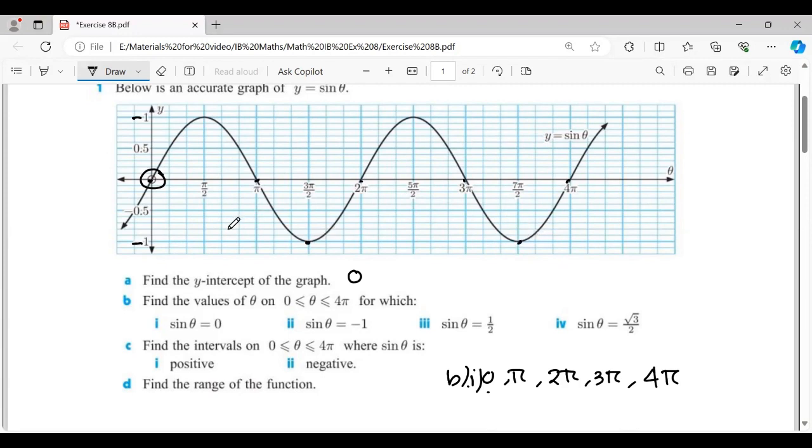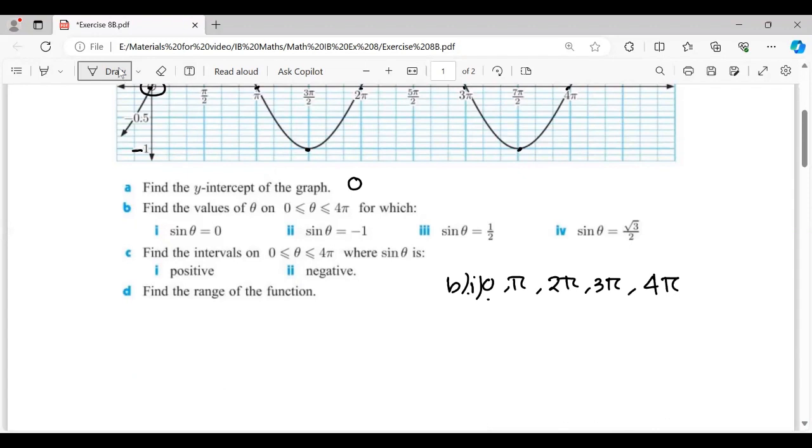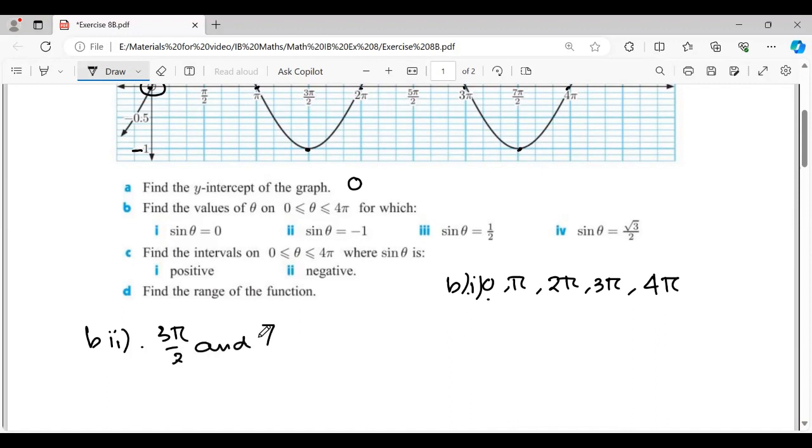So sine theta equals -1 at 3 pi over 2 and 7 pi over 2. So B2: 3 pi over 2 and 7 pi over 2. Right.